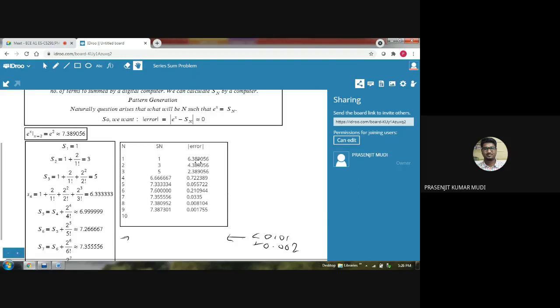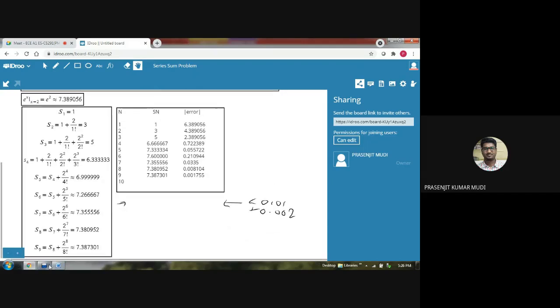If it is not, we add the next term. Again we calculate the error; to calculate error, you have to calculate Sn. So check whether error is less than threshold error. This is a repetitive process. We want to repeat this process until we get an error which is less than the threshold error. This is the program.